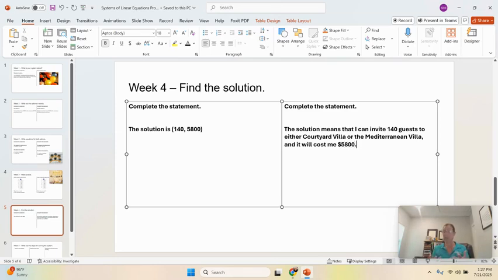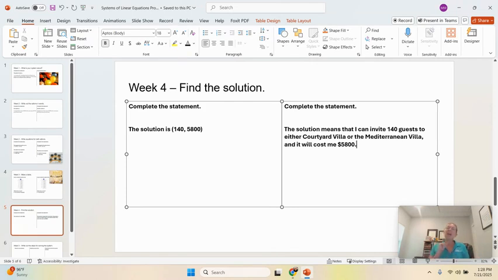That's what my solution means. At this point where those two lines intersected on my graph, that's the number of people and that's my cost, and they'll be the same for both venues at the party.